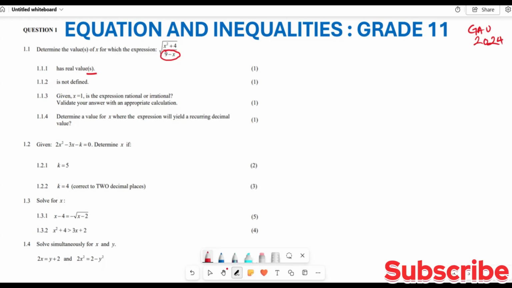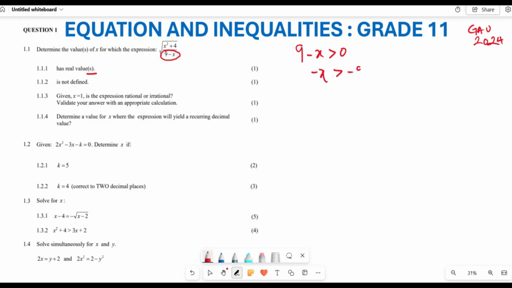Which means here we have 9 subtract x, which must be greater than 0. From here, this is the same as negative x being greater than negative 9, right?